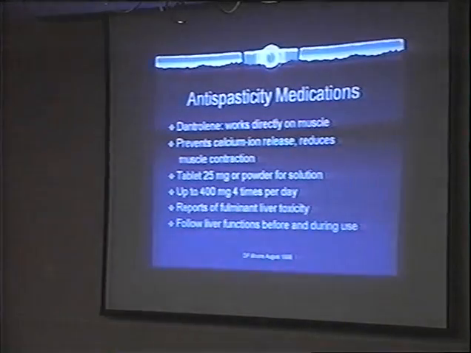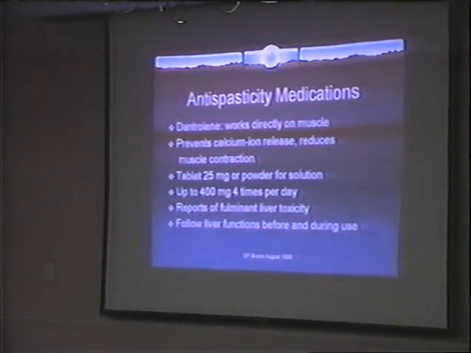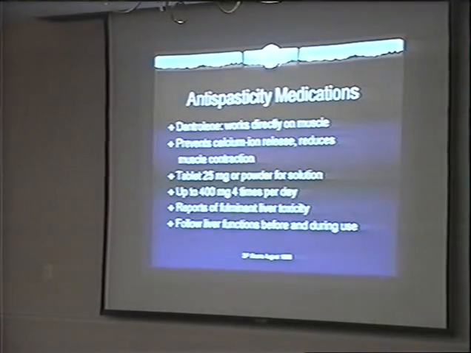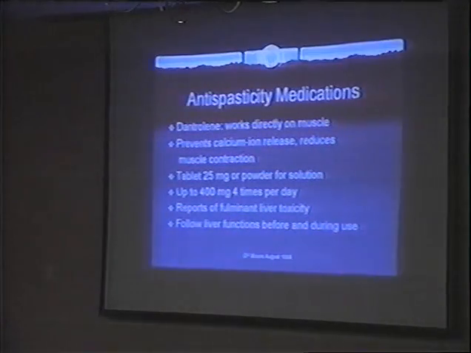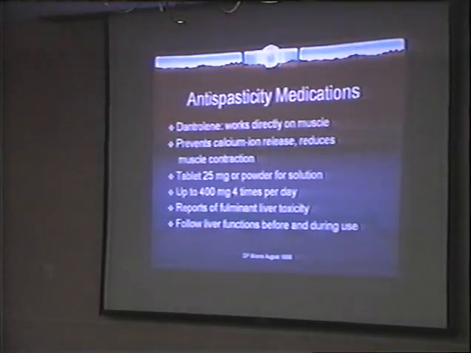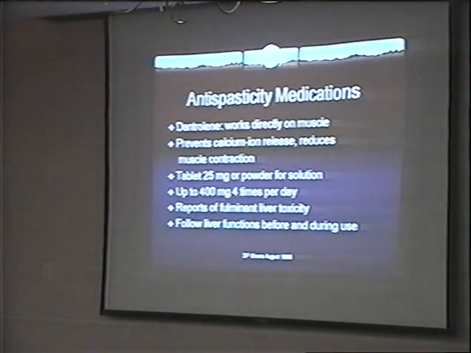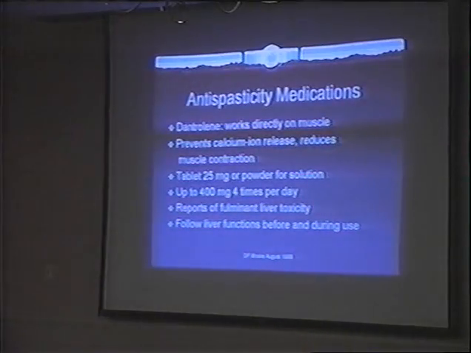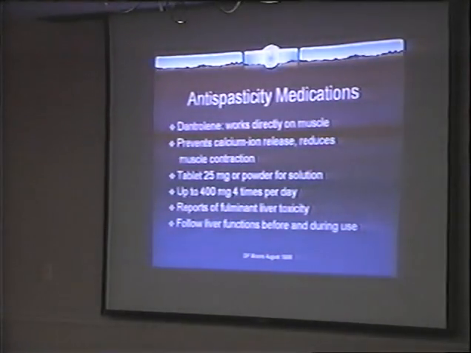The big problem is reports of fulminant, meaning very severe and acute, liver dysfunction. So your kids on Dantrium, and actually probably baclofen and maybe some of the other medicines too, need to have periodic checks of their liver function to make sure we're not slowly causing problems with the liver.